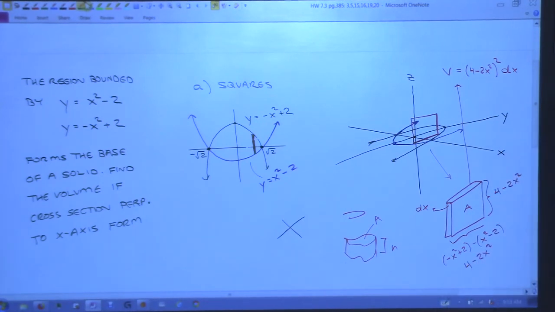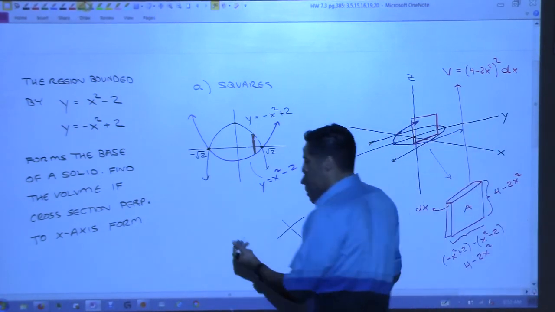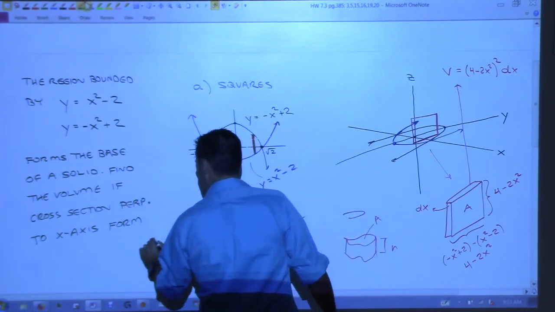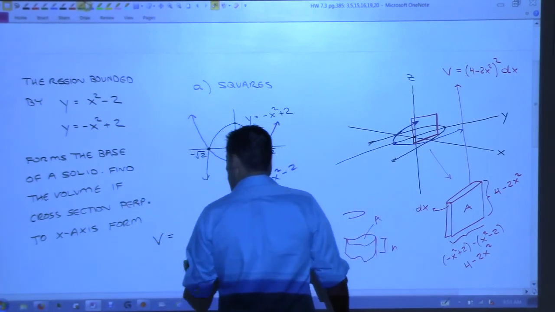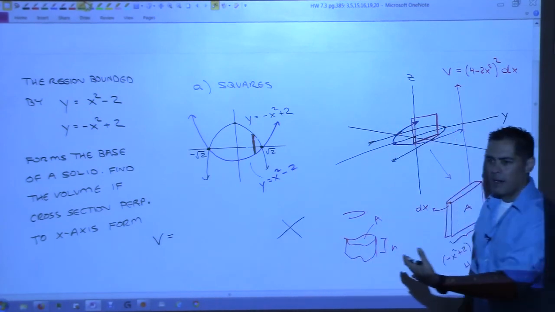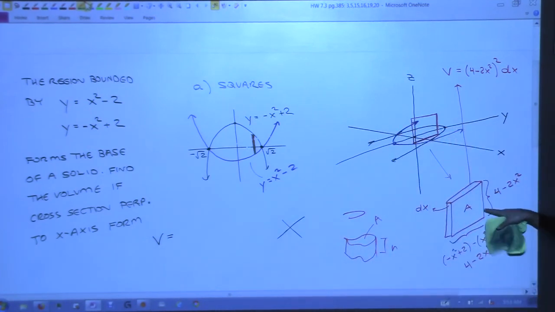Now what? You've got to add them all up, right? That's just one little slab, so we have to add them up. That means we have to move that cut, that rectangle, from left to right. And so here comes the integral. The volume of this solid that we're looking for should be, now do we need any pi or 2 pi here? No, because the formula for this little piece doesn't involve pi or 2 pi.